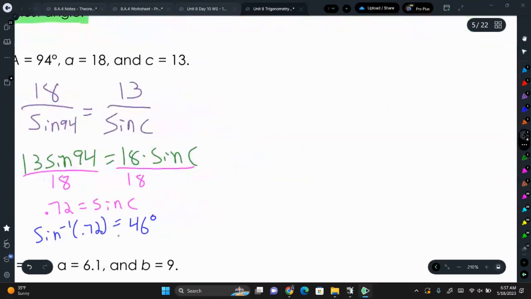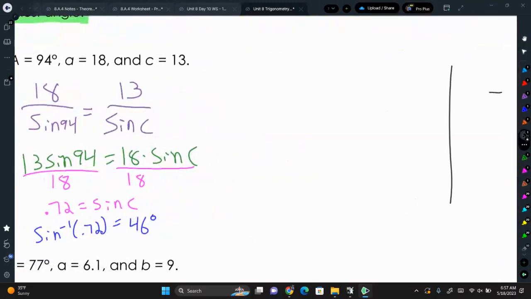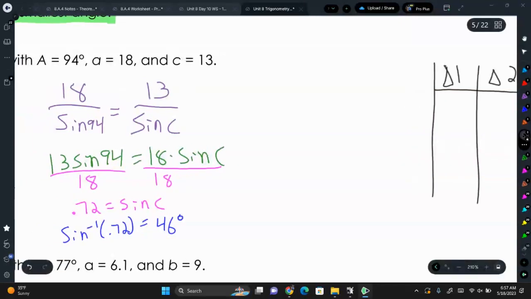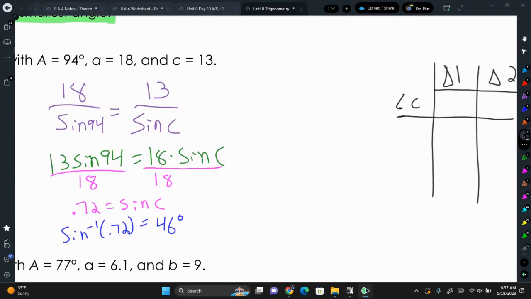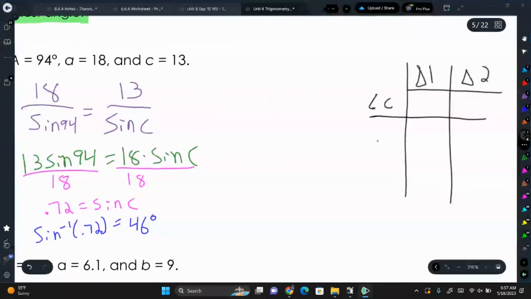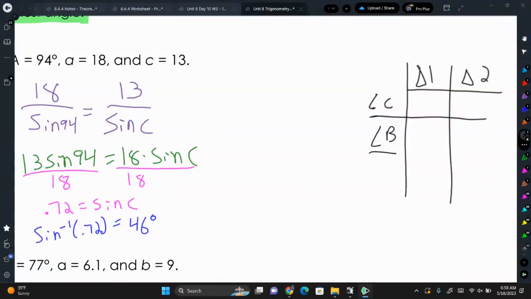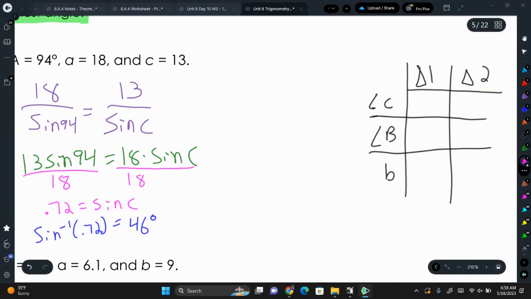We have triangle 1, triangle 2, and we are trying to find angle C, angle B, and side B. Angle C in one triangle, we got 46 degrees.